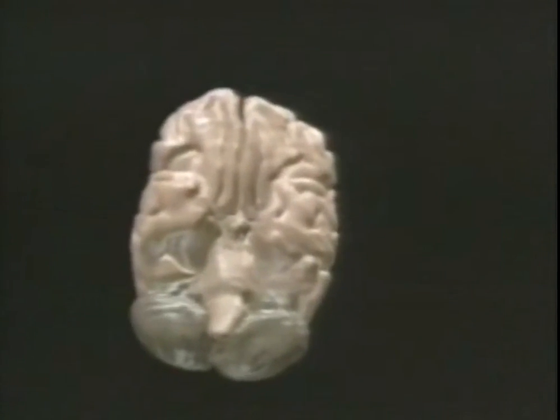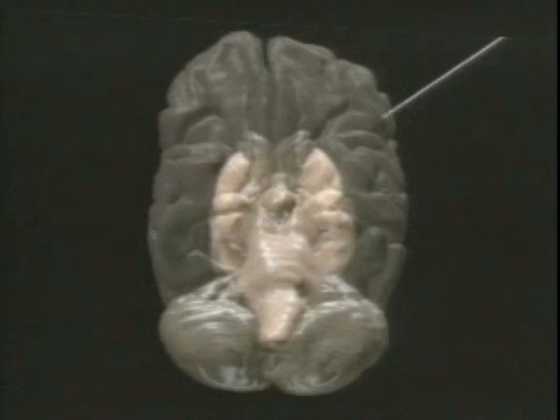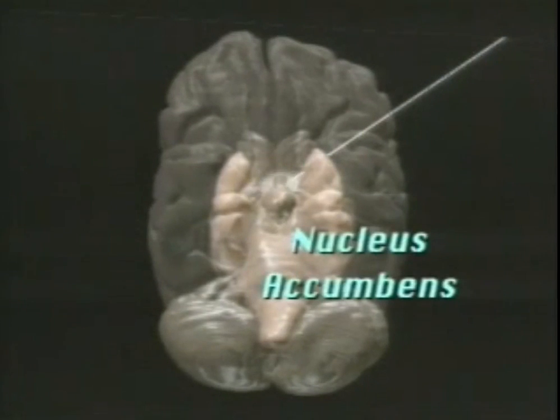Not surprisingly, the experiments were controversial, but the electrodes did have an effect, especially near an area of the brain called the nucleus accumbens. Heath even let his patients control their own stimulation. I find this button the best. That's number 2 button. Most pleasurable. Yeah.